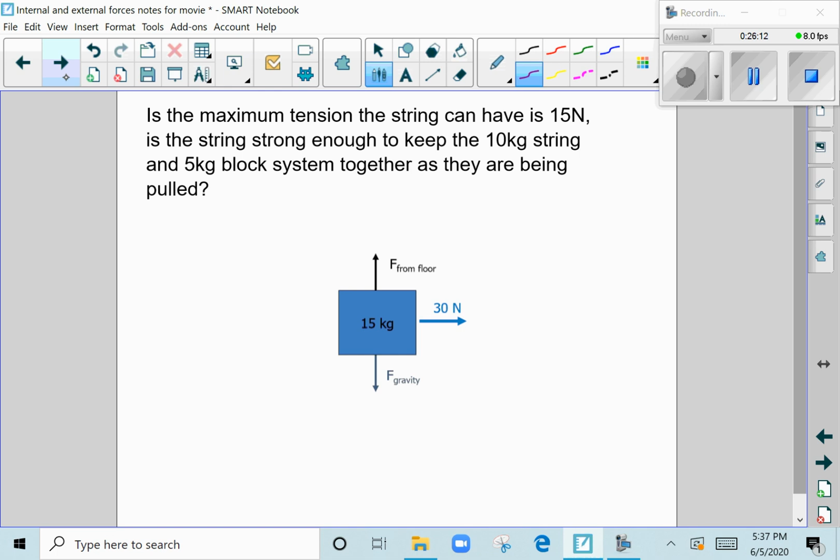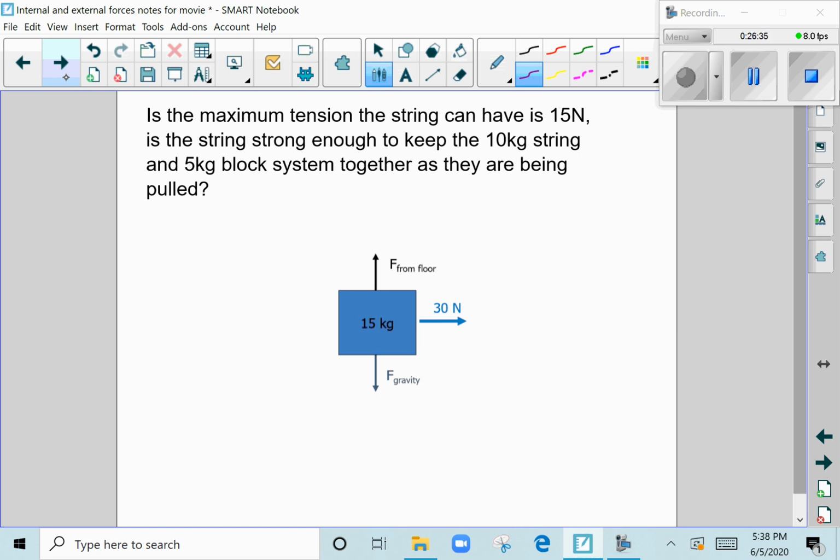Well, if I look at my object perspective, I'm in serious trouble. And that's because, as far as the object is concerned, there's no string because there's no interior. I've got 15 kilograms moving at 2 meters per second squared, and that's it. So I cannot use my object perspective for finding this tension inside the string in this case because objects never have an interior.